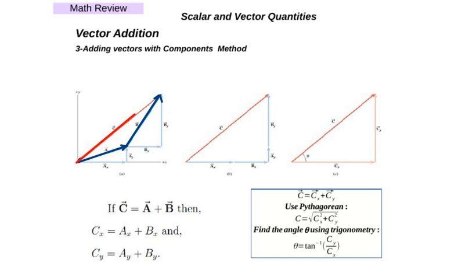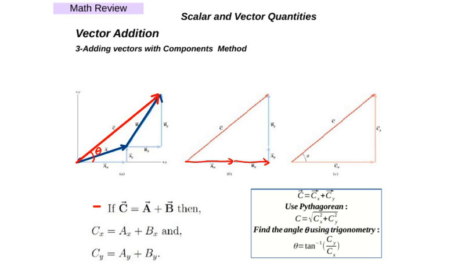I carried B at the end of it, and C is starting from the starting of A, going towards the end of B. That's my C, and it's equal to A plus B. But I'm not sure how long this vector is, or what angle it makes with the x-axis. If I want to know that, I want to go with the component method.